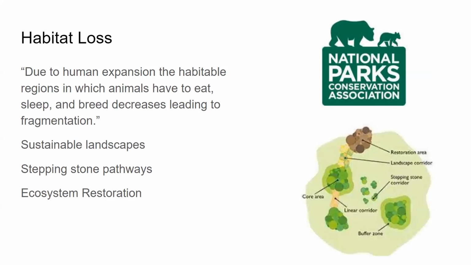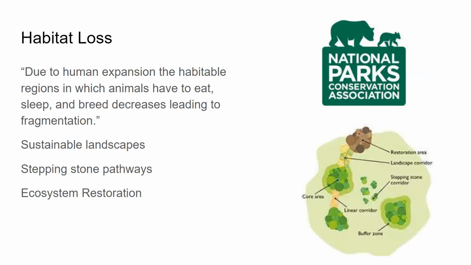So for habitat loss, one thing that they are really trying to do is acknowledge this fragmentation that's occurring as the human race is growing larger and taking up more space. The animals and the plants, they need this space as well.